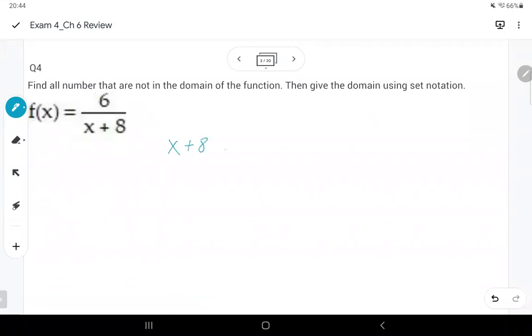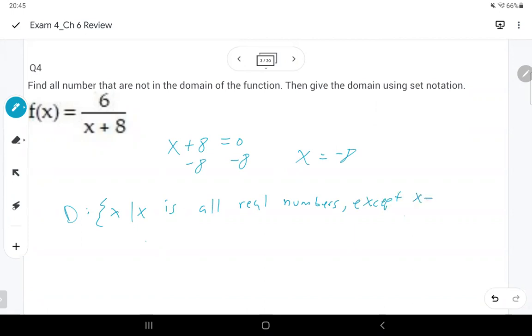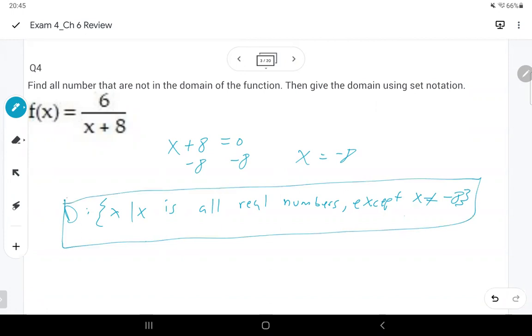So x plus 8. Okay, so required for number 4. All right, moving on.